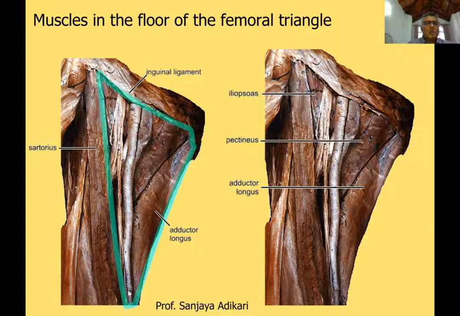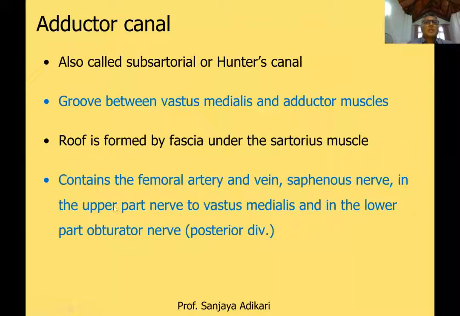And at the apex of the femoral triangle, the adductor canal starts. The adductor canal is also called the subsartorial canal because it lies under the sartorius muscle, or it is sometimes called Hunter's canal. It is in a groove between the vastus medialis and adductor muscles, and the roof is formed by the sartorius and fascia under the sartorius.